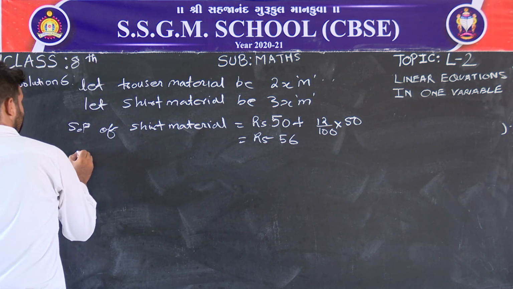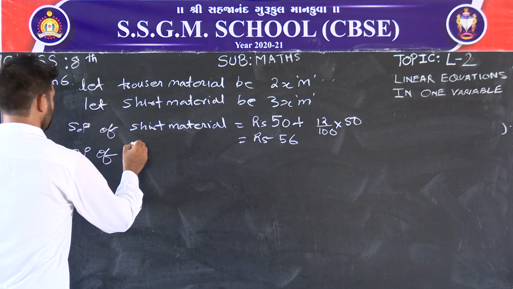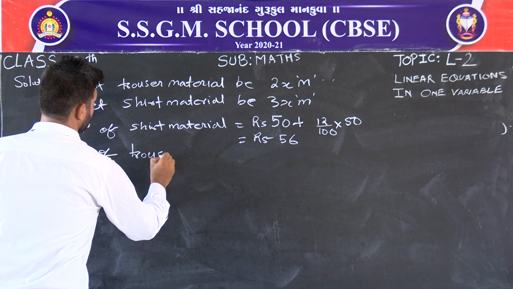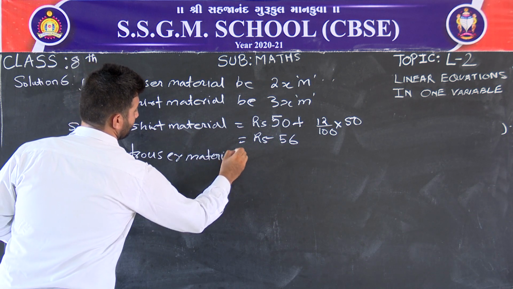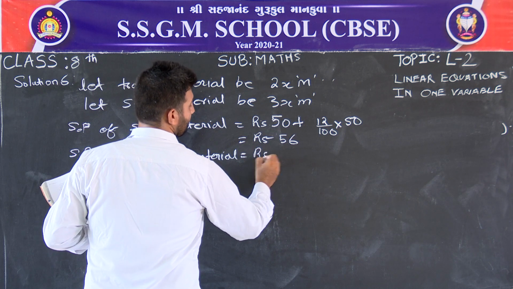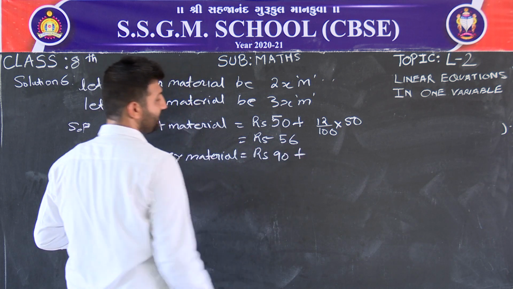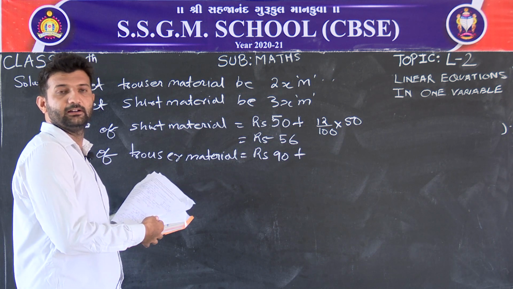Similarly, selling price of trouser material will be equal to rupees 90 plus, here also it is given that it makes 10% profit on trouser material.